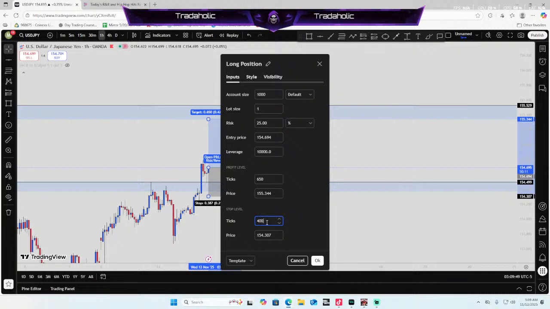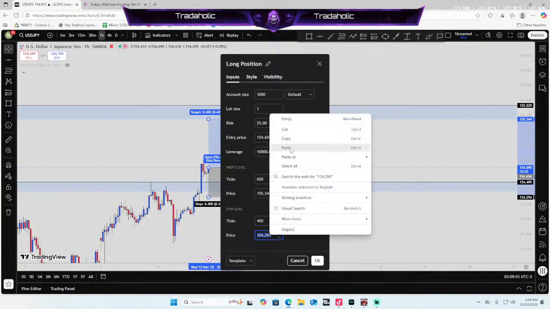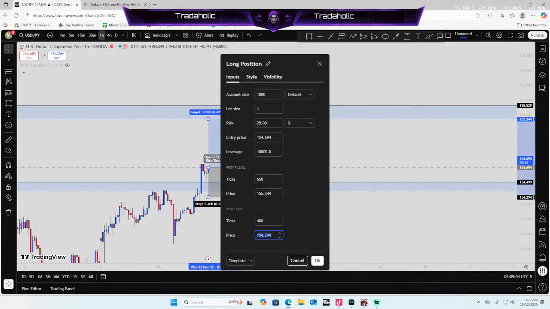Stop loss to 40. Copy this stop loss. So we have some UJ buys. Entry was I was filled at 154.700.